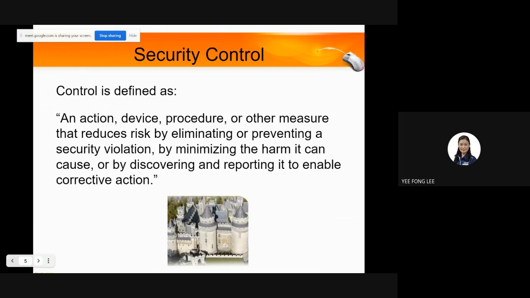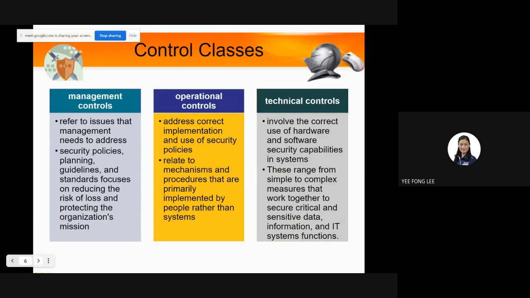So the IT security control to safeguard the organization is based on the overall organization policies and objectives. Okay. So next one, we look at control classes. Okay, go to the slide here.